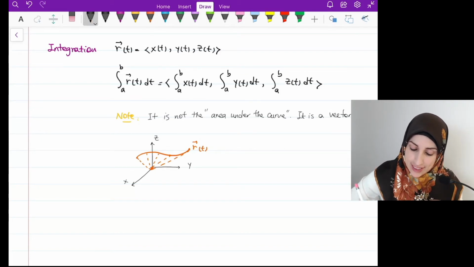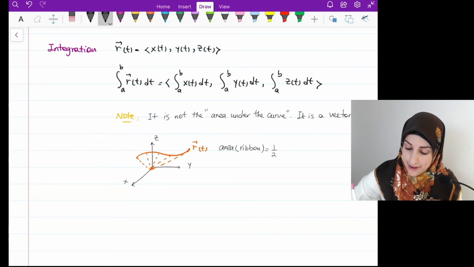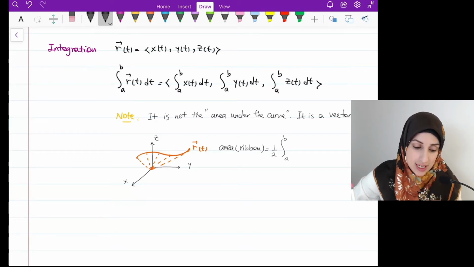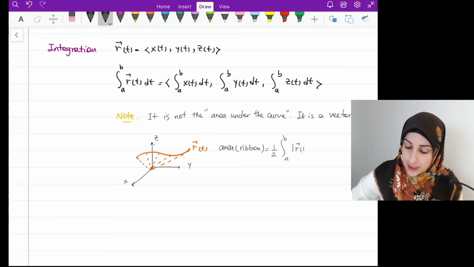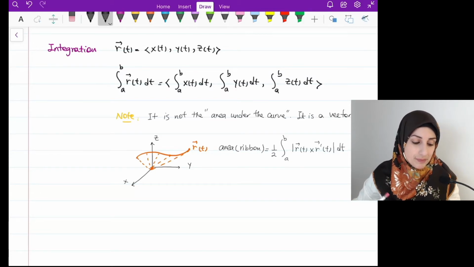And I can say that the area of this ribbon is actually 1/2 the integral of the magnitude of r of t cross product with r prime of t dt. But we are not going to work with that a lot in the course.